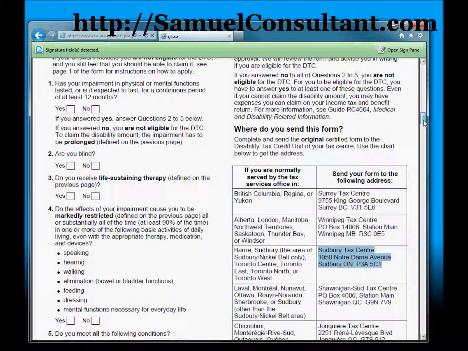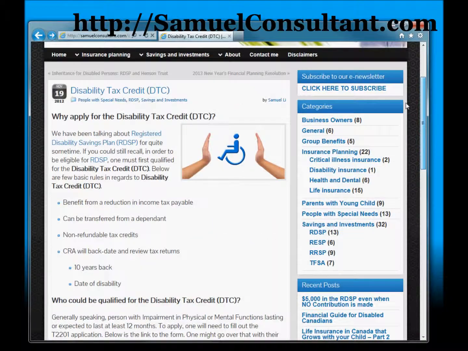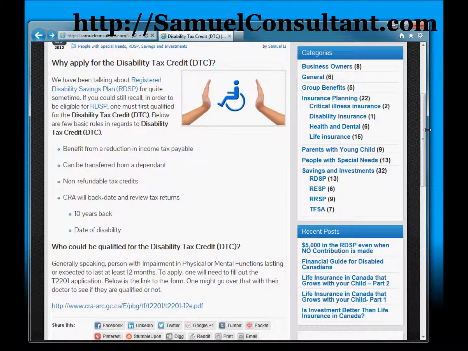Now, however, I also realized that some people would hire a tax professional to do that. It's really up to you whether to hire a person to do that, or do it yourself. However, if you are going to hire someone to do that for you, make sure you know what service they're providing and what their fee structures are.